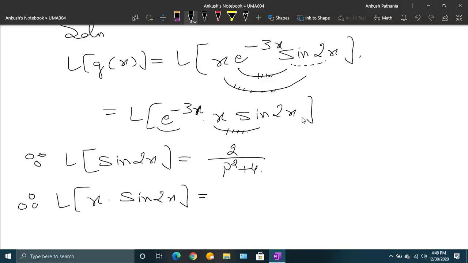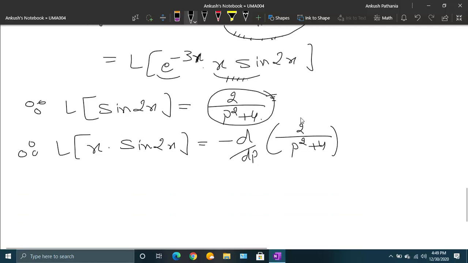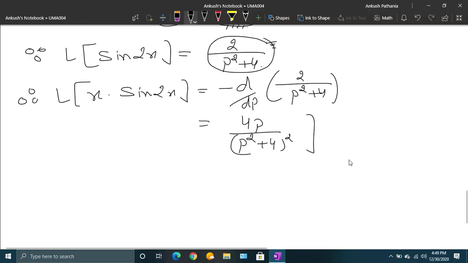So Laplace of x·f(x) is minus d/dp of the Laplace of sine 2x, that is, minus the derivative of 2 upon p square plus 4, and this comes out to be 4p upon (p square plus 4) whole square.